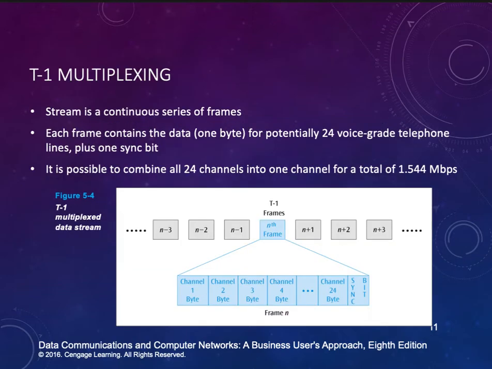As for T1 multiplexing, it is a continuous frame with 24 voice-grade telephone lines, plus one sync bit. As mentioned in the diagram, that's why it is T-1. All 24 channels are combined into one channel, totaling 1.5 megabits per second.